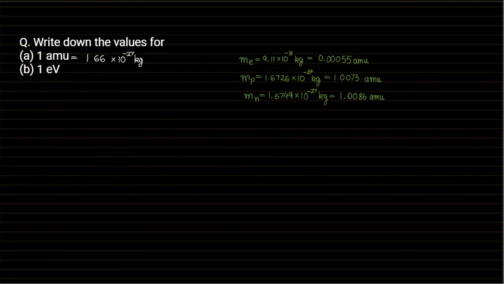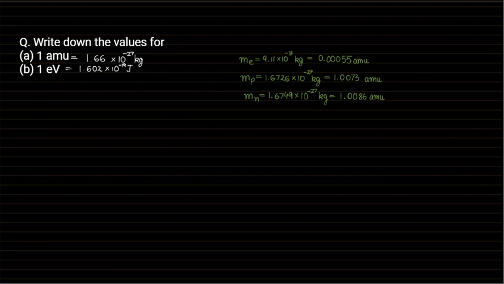The value of 1 electron volt is 1.602 times 10 to the power minus 19 joule. So whenever your energy is given in this order, 10 to the power minus 19, with the unit joule, we will convert it into electron volts. This too will help us during the numericals.